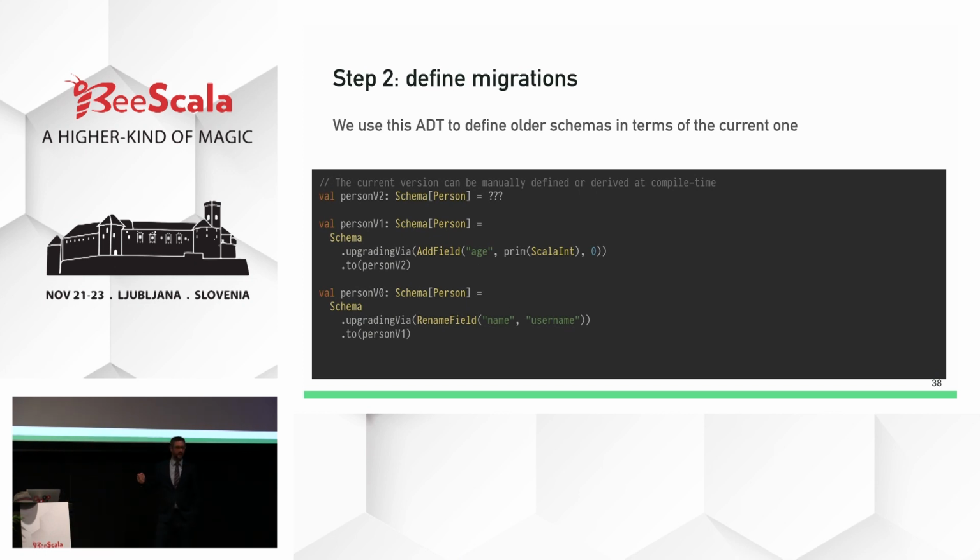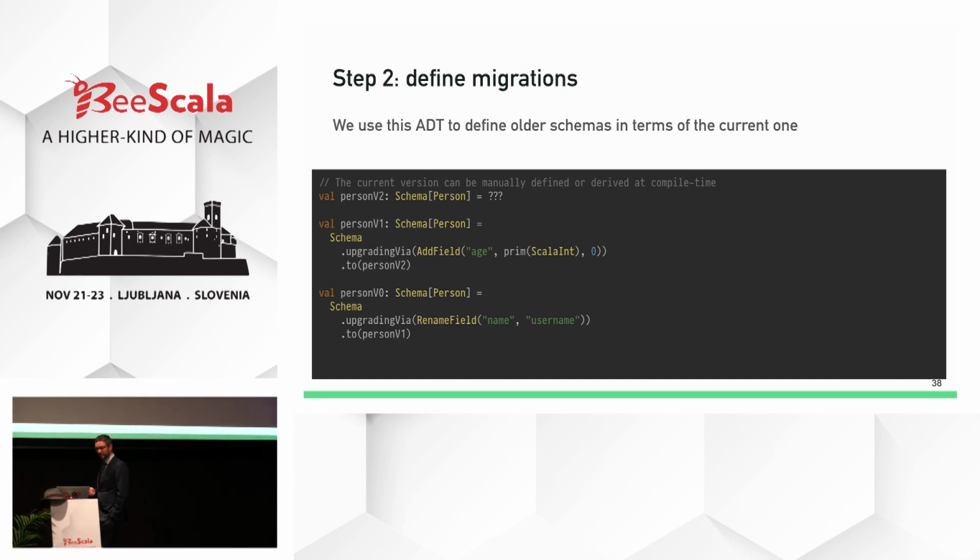And then I say, okay, what has changed from version 1 to version 2? Well, I added a field to the schema of person. And again, what changed from version 0 to version 1? I took version 0 and renamed the field from name to username. So you see, it's really a changelog, or the git history of my ADT, but in reverse.